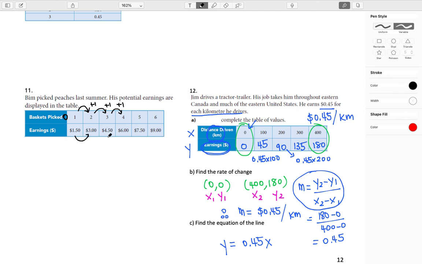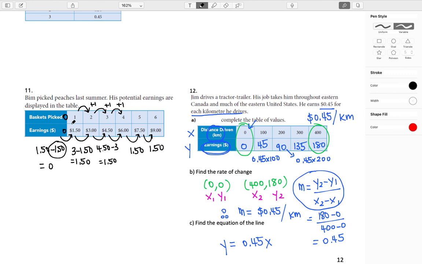So what's happening over here? Every time I go to the right, I do 3 minus 1.5, gives me 150. 450 minus 300 also gives me 150. So every time I go to the right, increasing by number of baskets, you are adding 150. To find the initial value I started with, all I need to do is 150 minus 150, because this is the change, and that will give me 0.